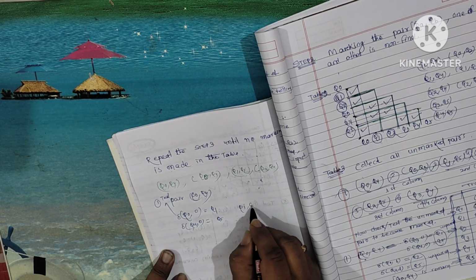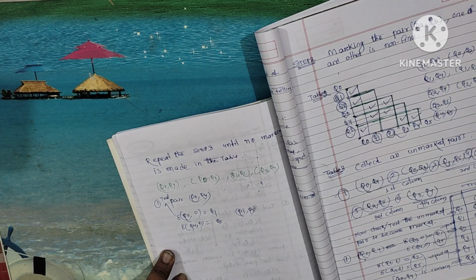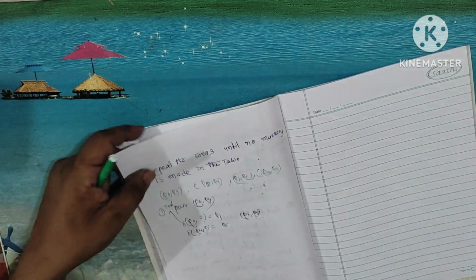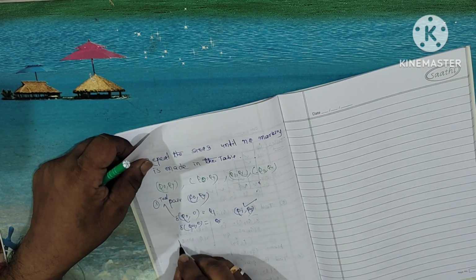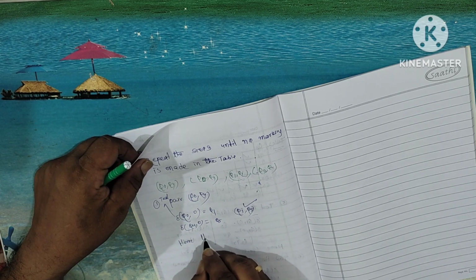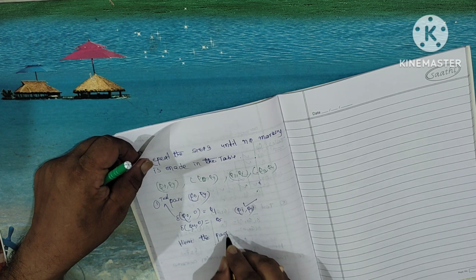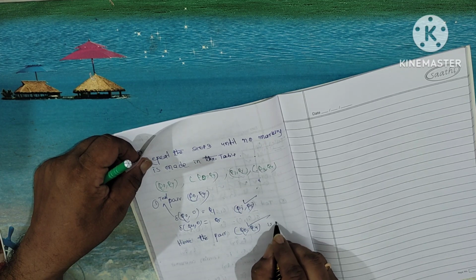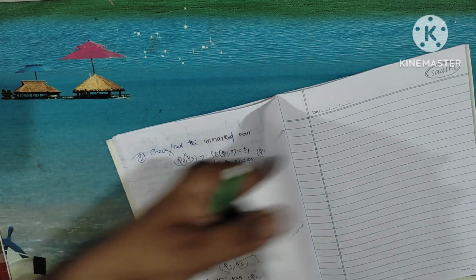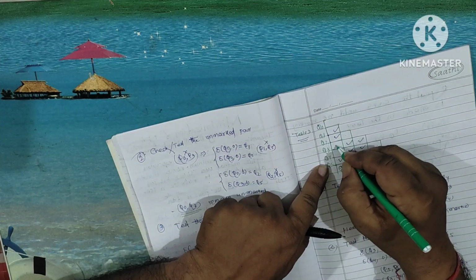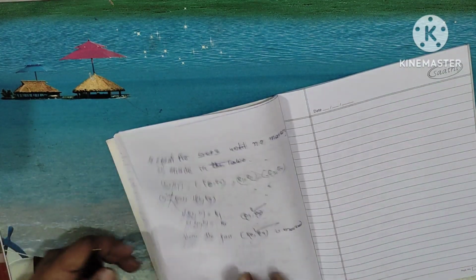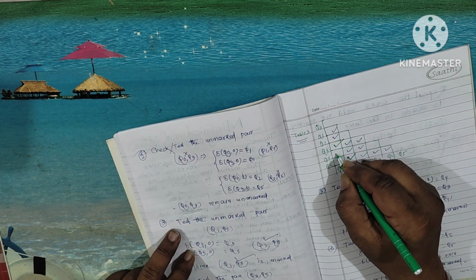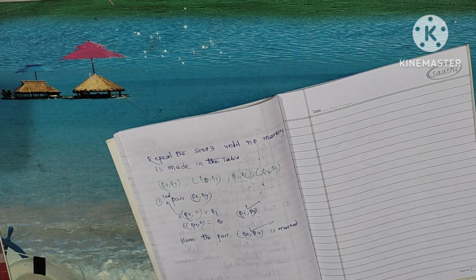Now Q1, Q5, you can see that in this figure Q1, Q5 is already marked, hence the pair Q0, Q4 is marked. So we can mark this pair here. Q0, Q4, this one, not this one here.